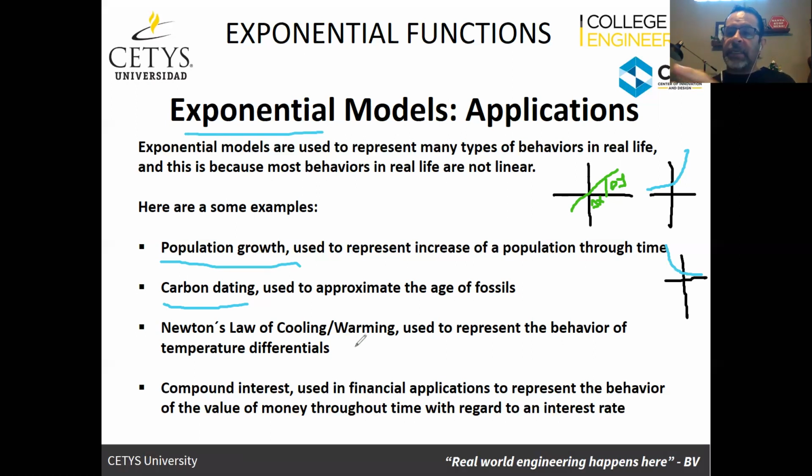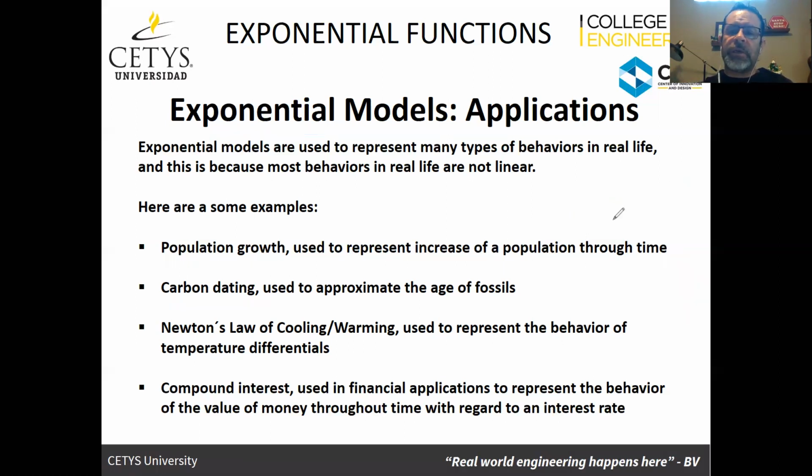When something gets heated or cooled, it doesn't necessarily get heated or cooled at a constant rate. So temperature differentials are used here. And also in finance, compound interest, for example, and some other financial applications are examples of exponential models or functions.